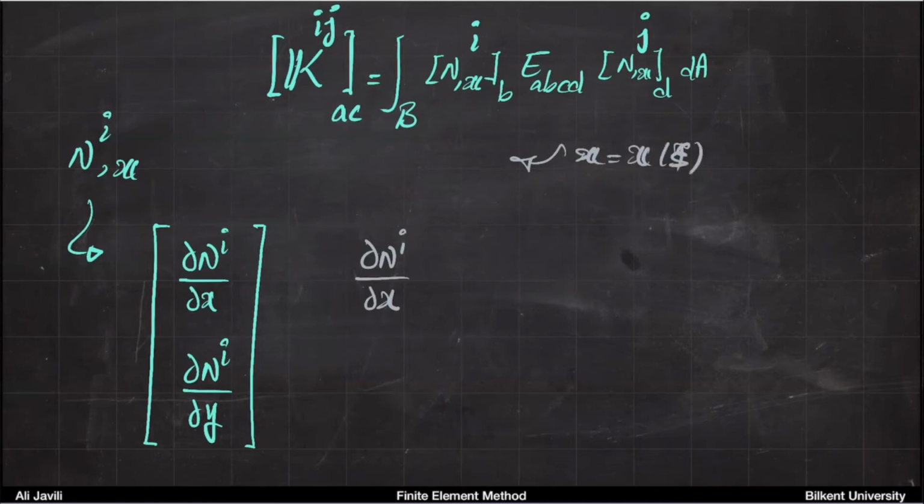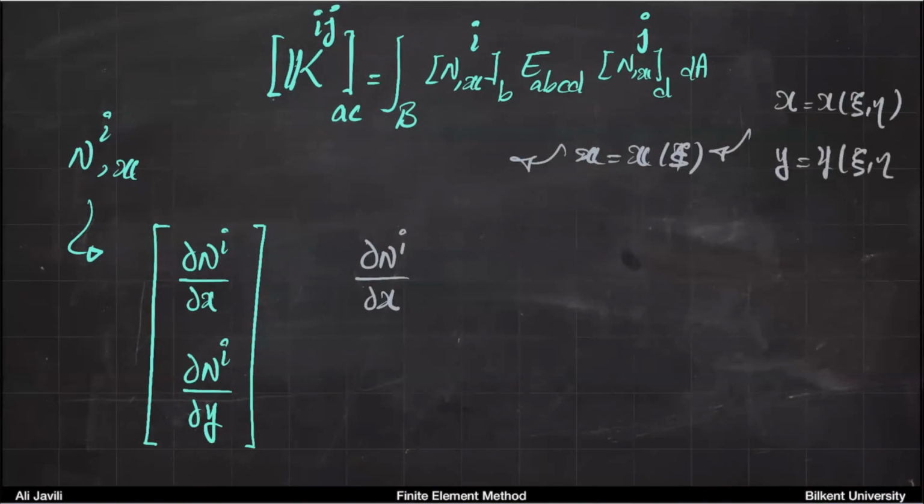So it basically means that the coordinate x would be a function of ξ and η, and coordinate y is a function of ξ and η. Please pay attention that here x and ξ are bold letters, and here they are not bold letters. So these are basically their components. So this is essentially the chain rule.